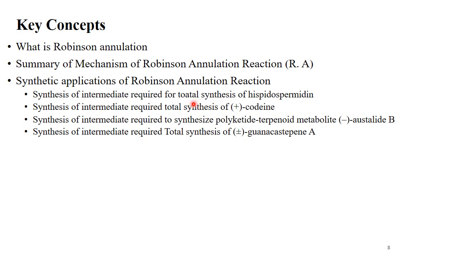Remember, Robinson annulation reaction is a 6-membered cyclohexanone ring formation reaction.